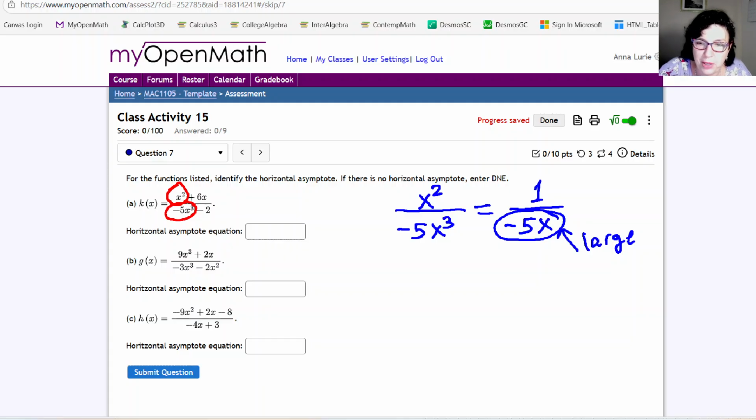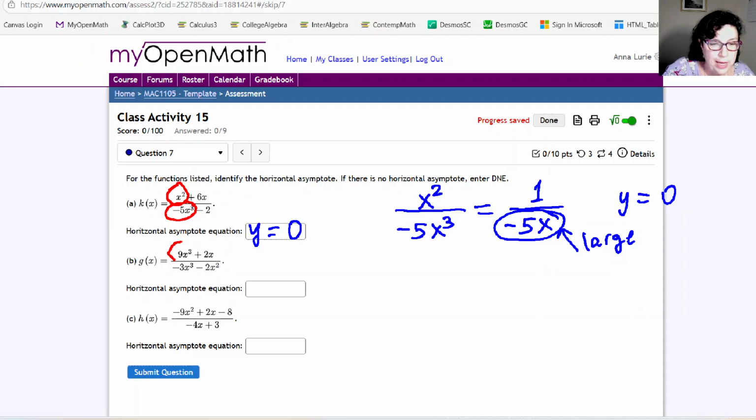Basically, what this is going to become is y equals 0. That's going to be the horizontal asymptote. So, in order not to think, just think this way. If the power is larger on the bottom, the whole thing is going to go to 0. And your horizontal asymptote is going to be y equals 0, because you're dividing by a large thing on the bottom.